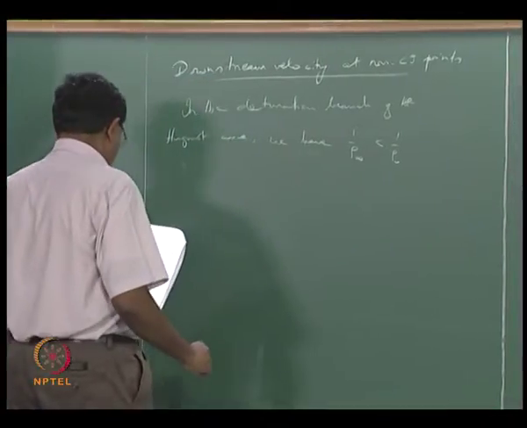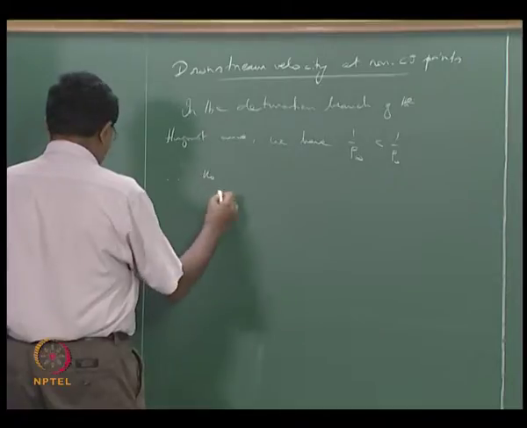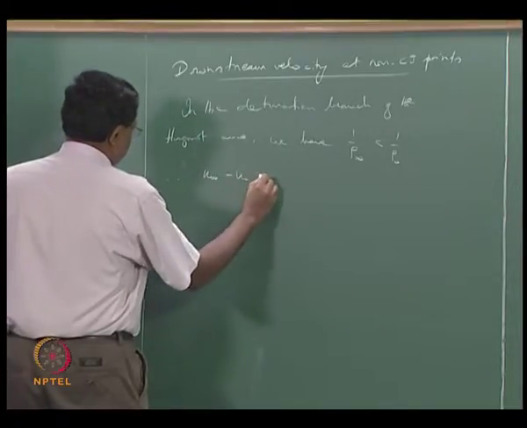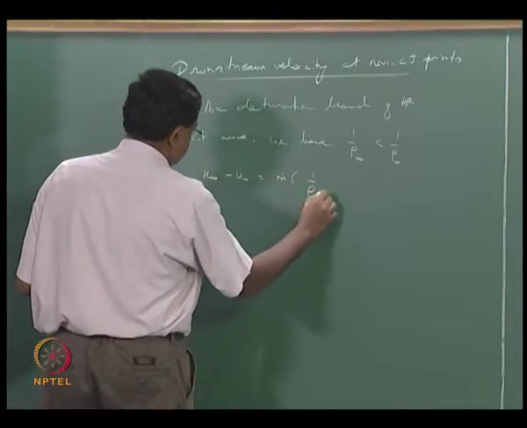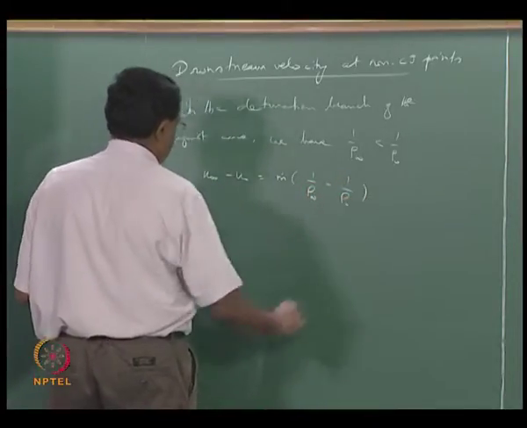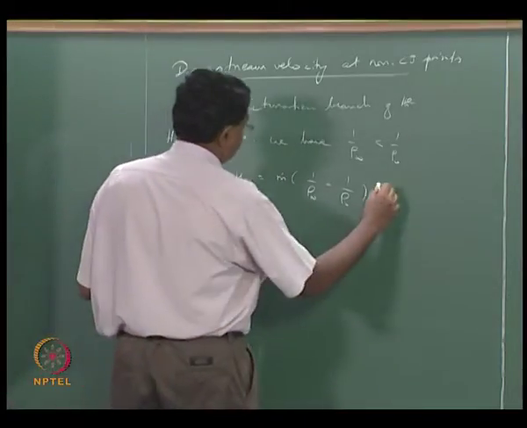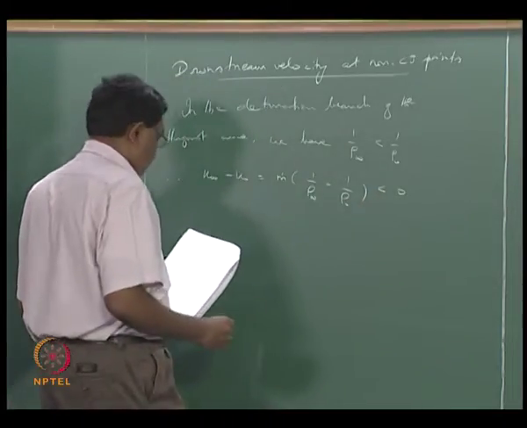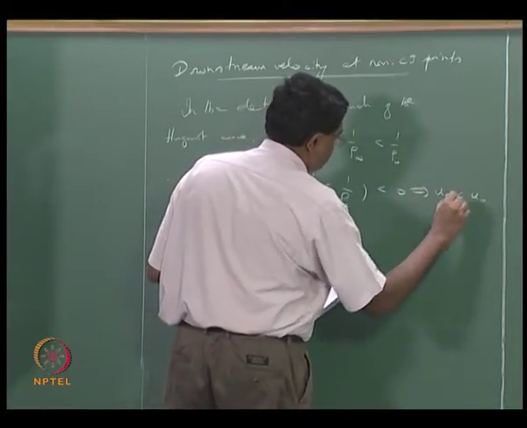Therefore, we have u infinity minus u naught equals m dot times (1 over rho infinity minus 1 over rho naught). You know how to get this, which is less than 0, which implies that u infinity is less than u naught.